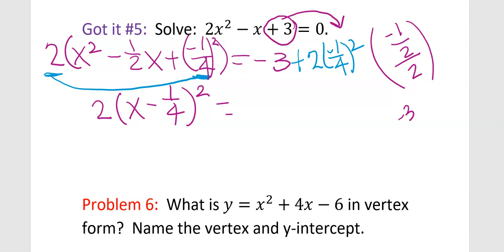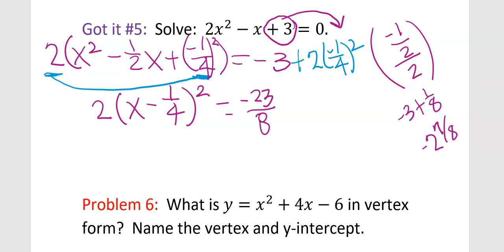This would be 1/16 times 2, which would be 1/8. That would be -2 7/8. Is it -23/8? That looks like a weird number too. Somebody do this. Do -3 plus 1/8.